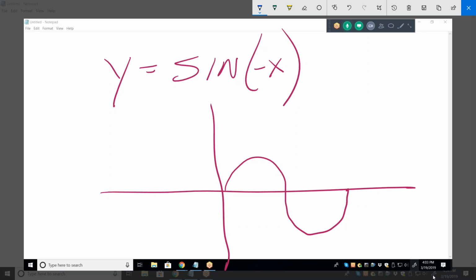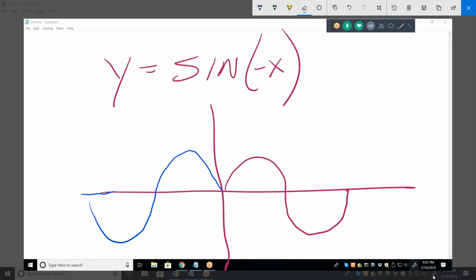Hold on a second. It's got to be a reflection about the y-axis. It's got to be. No, it isn't. No, hold on a second.